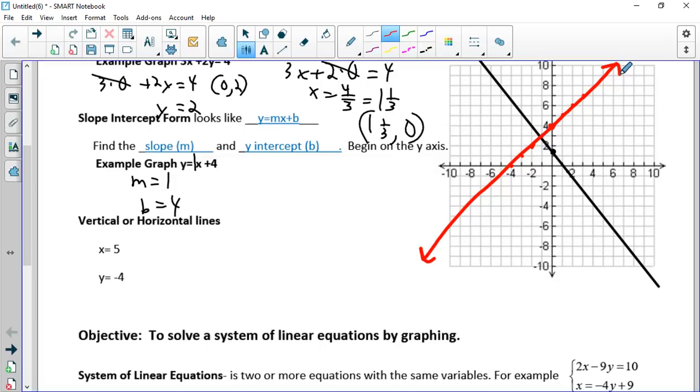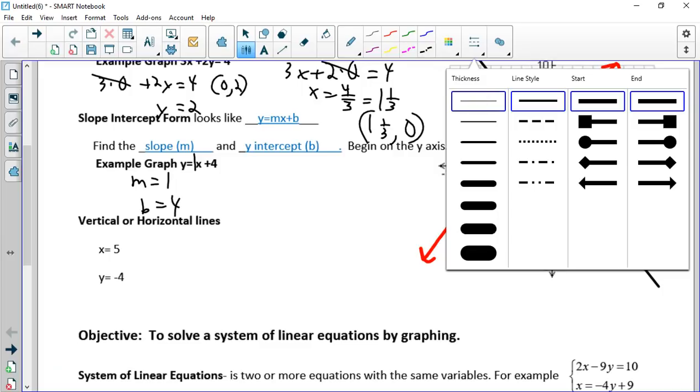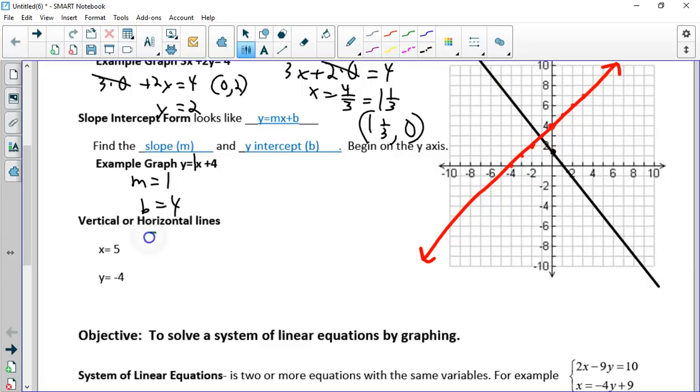Now, we also have special lines, vertical and horizontal. x equals 5. That means x is always 5. So, x is 5 when y is 0. x is 5 when y is 4. x is 5 when y is negative 3, apparently.